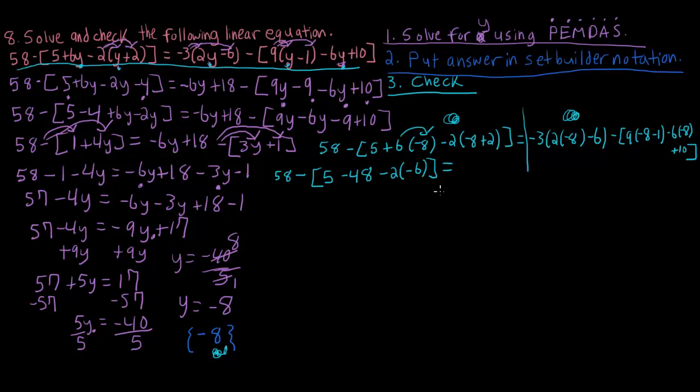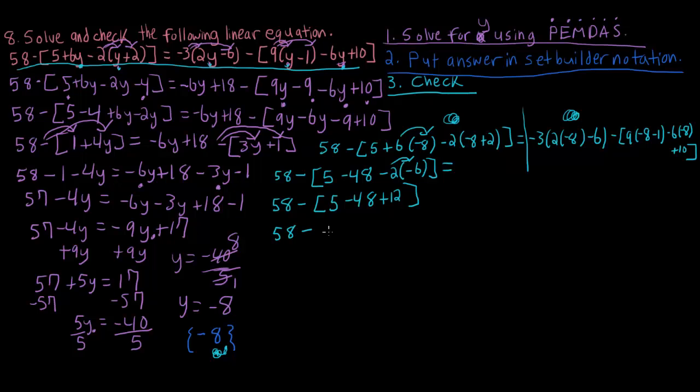Keep the bracket, equals. Again, we'll stick with the left side of the equation to begin with, so 58 minus, let's do our parentheses first because that's order of operations. 5 minus 48 minus negative 2 times negative 6 is a positive 12. So positive 12 here in the bracket.